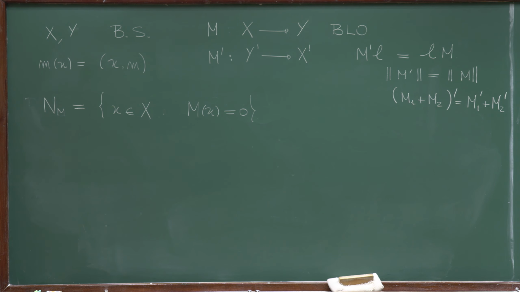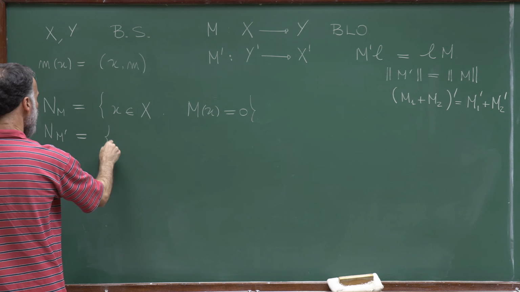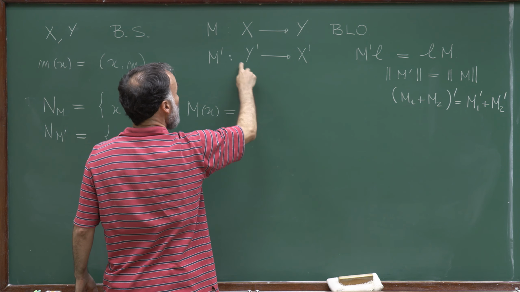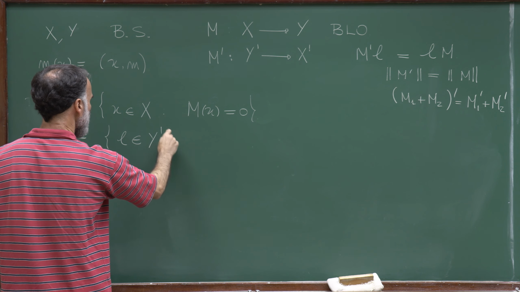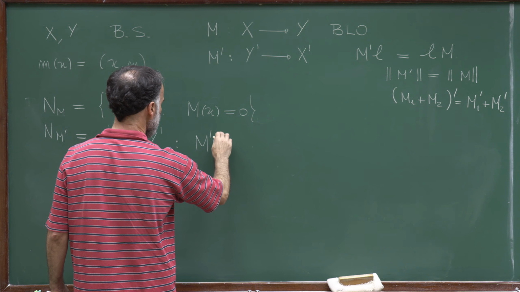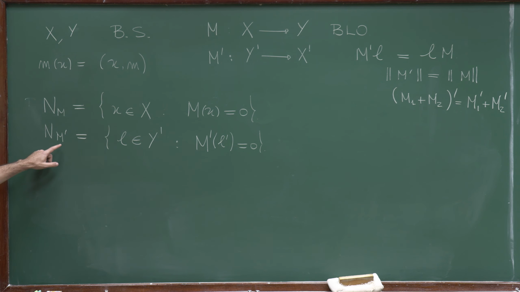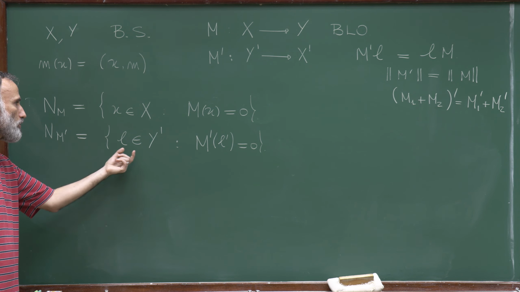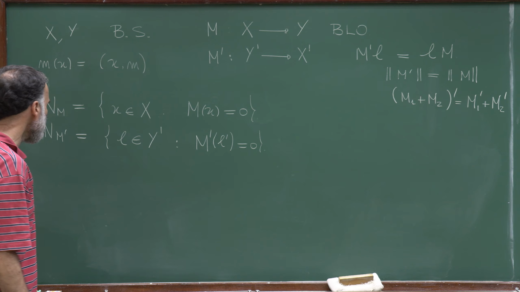And in the same way, we can define the null space of m prime, which is all L in Y prime such that m prime of L is equal to 0. So this is the null space of m prime: all bounded linear functionals in Y prime such that m prime of L is equal to 0.